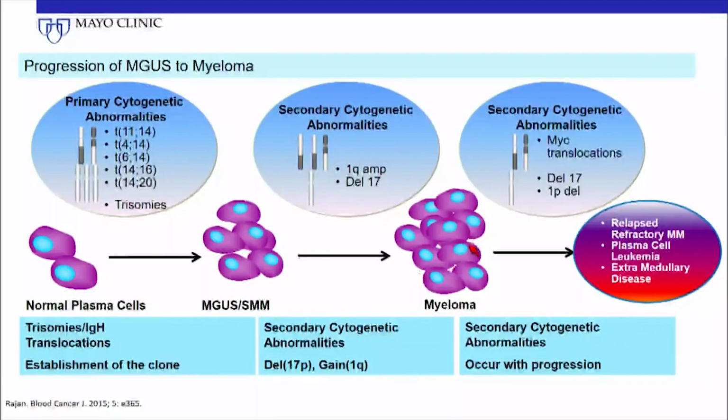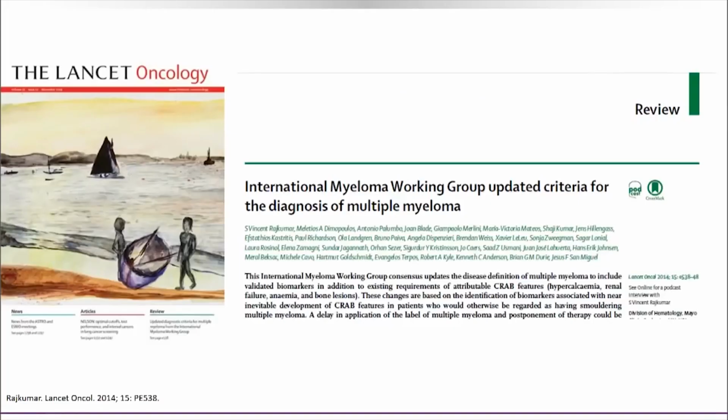And that causes the MGUS, which is like a polyp, to become multiple myeloma, analogous to colon cancer. And then once myeloma happens, over the course of a myeloma patient's lifetime, additional abnormalities happen, which can then make the myeloma more and more refractory as time goes by, and eventually the patient succumbs to the disease.